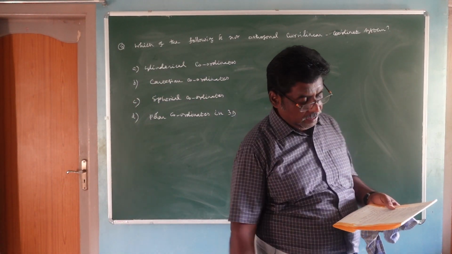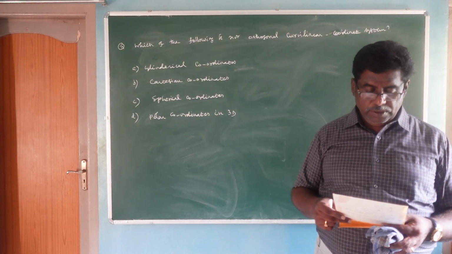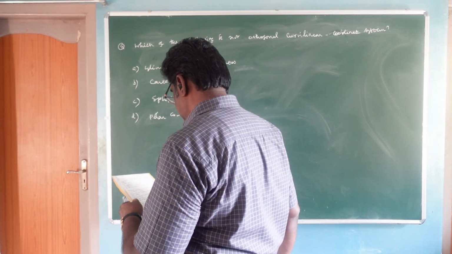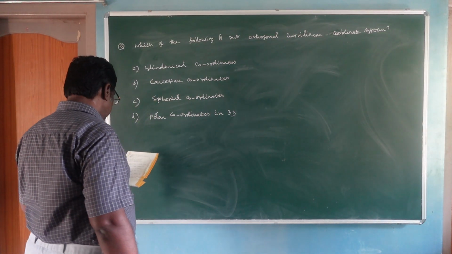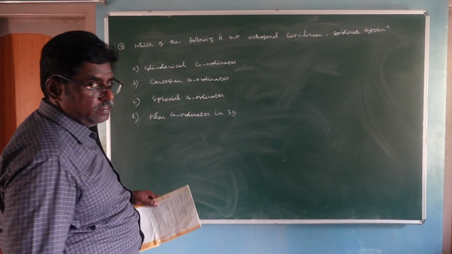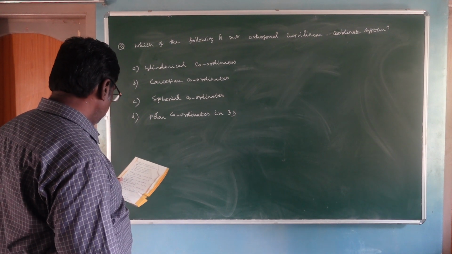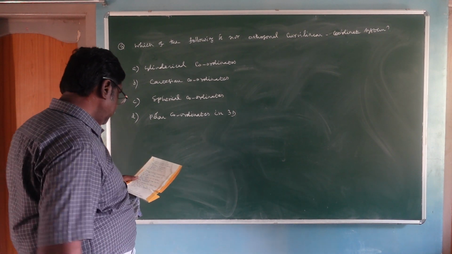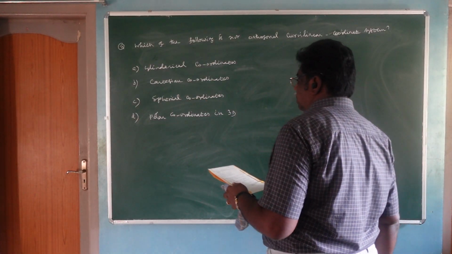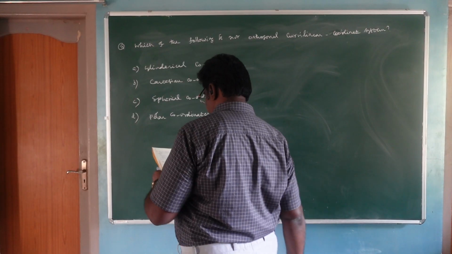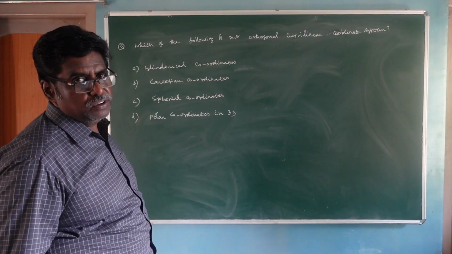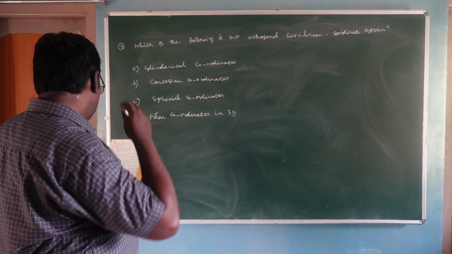An orthogonal curvilinear coordinate system is a system in which the coordinate surfaces intersect at right angles. The coordinates are not necessarily straight lines. The basis vectors at each point are mutually perpendicular. Polar coordinates are defined only in 2 dimensions, that is in terms of r, theta.